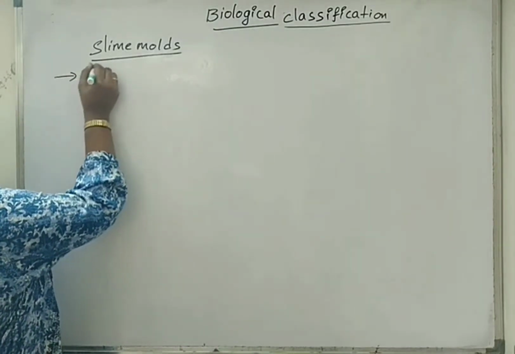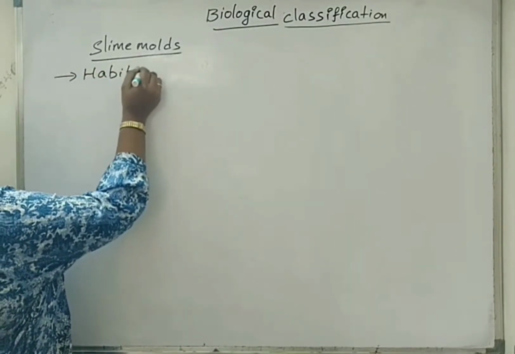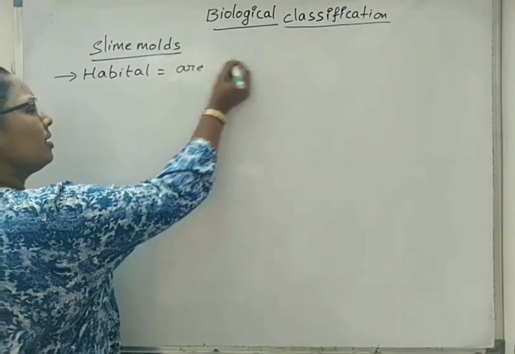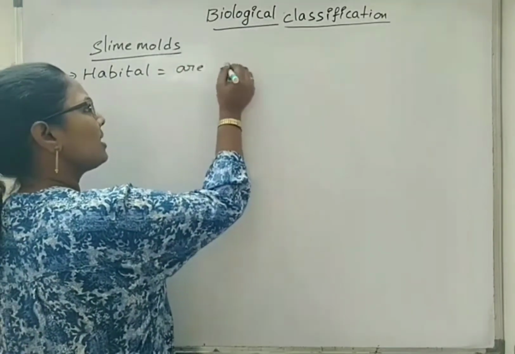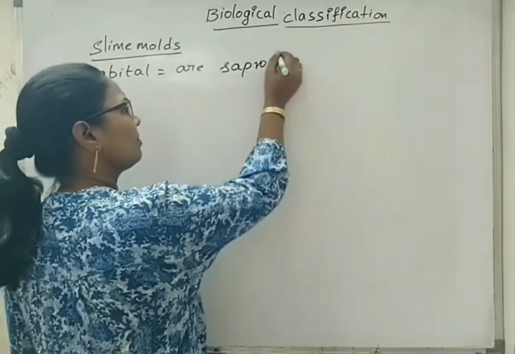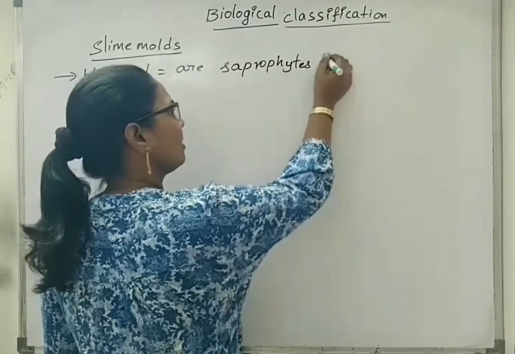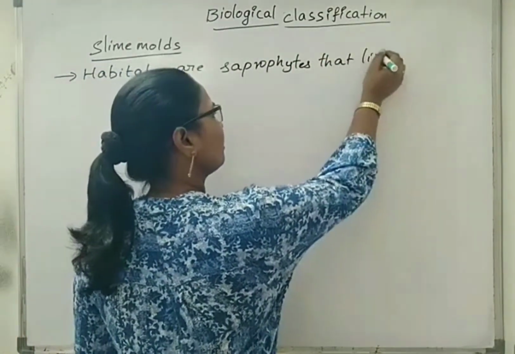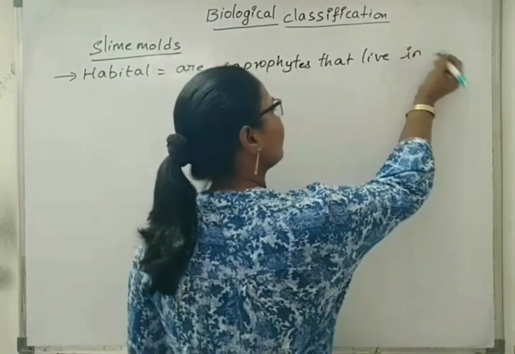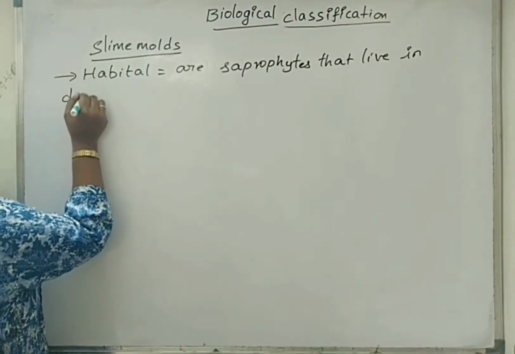Now, what is the habitat of slime molds? Slime molds are saprophytes that live in dead and decayed matter.